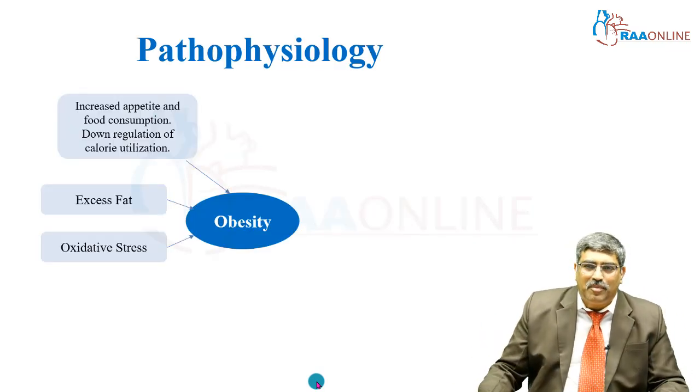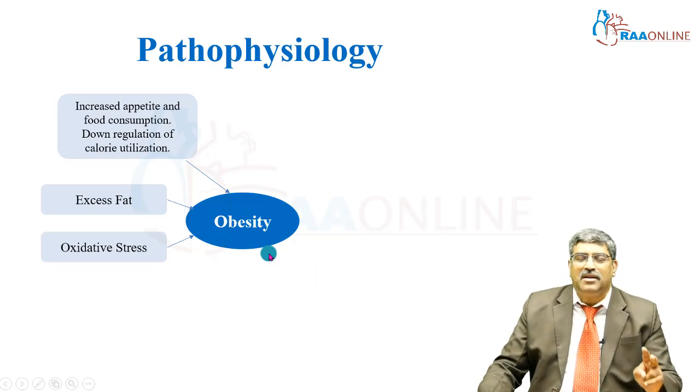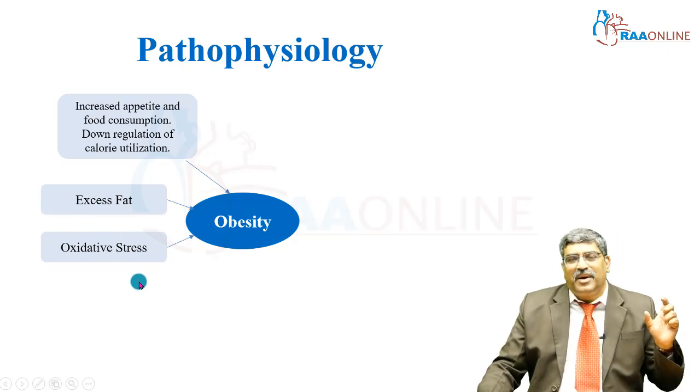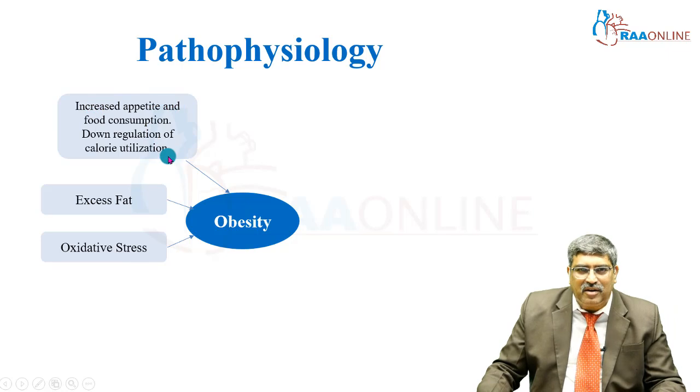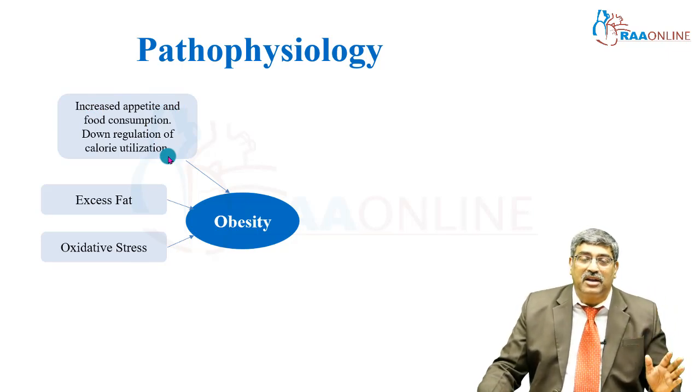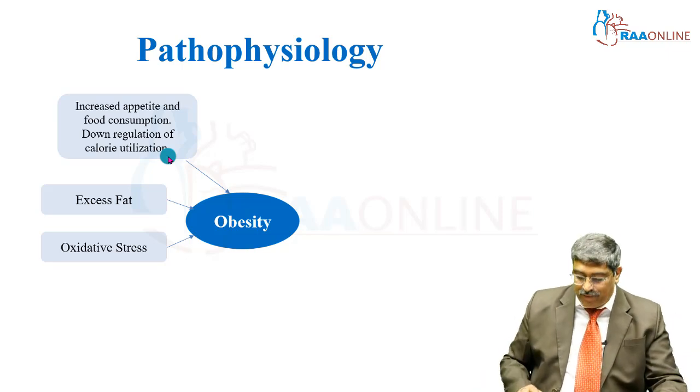Now coming to the pathophysiology of obesity, it is going to be excess fat and increased oxidative stress, which might lead to increased appetite and food consumption and down regulation of calorie utilization. So more calories will be available.